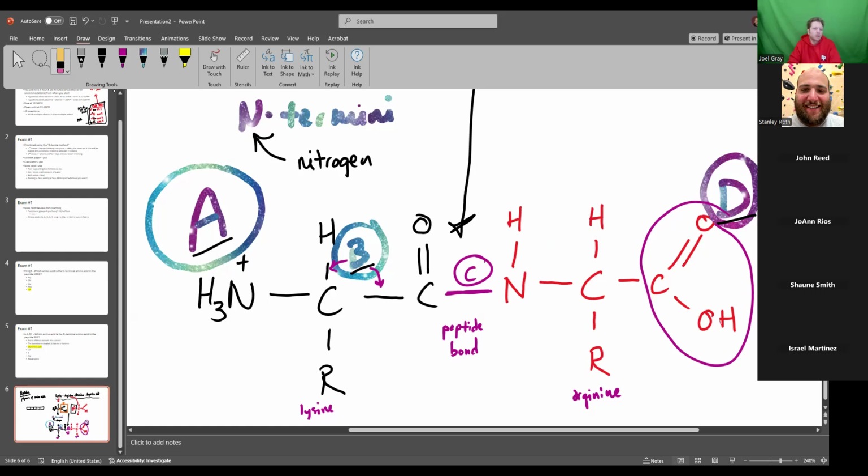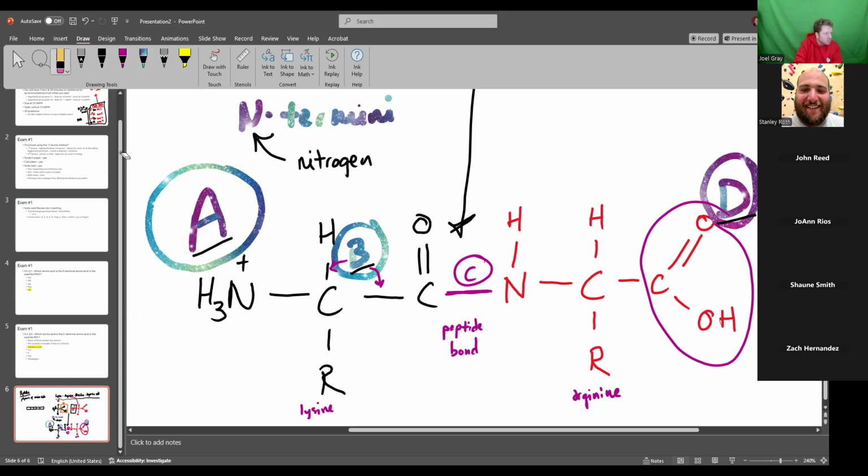So let me say that when it comes to a peptide, the important things to understand are your termini, your ends, the N end or the C end. If you see an N, think N termini. If you see a carbon, think C termini.